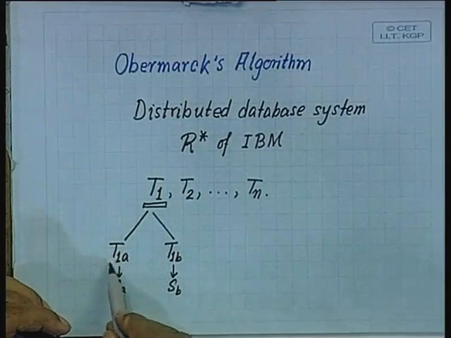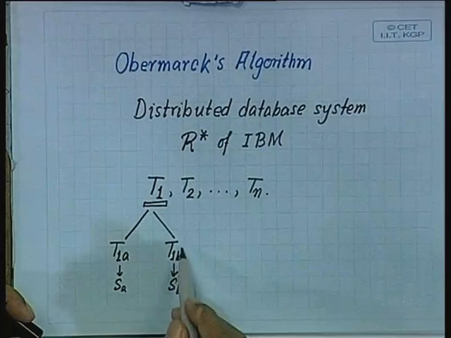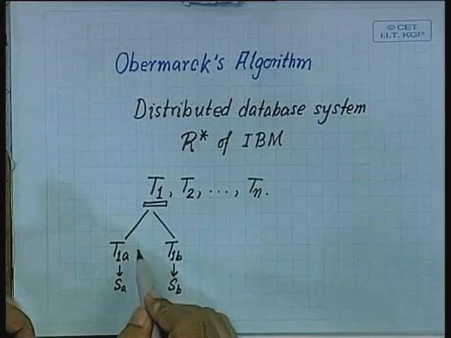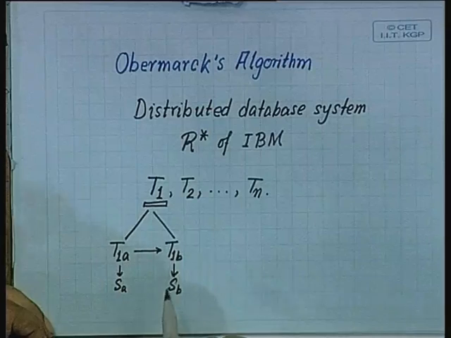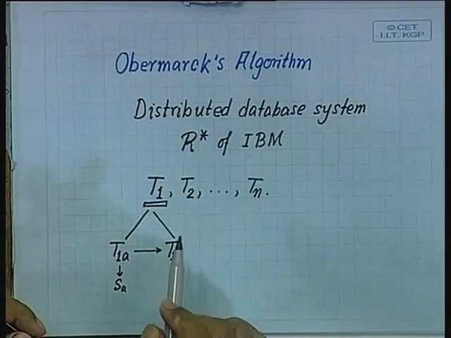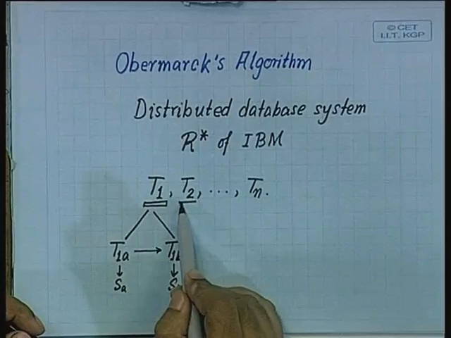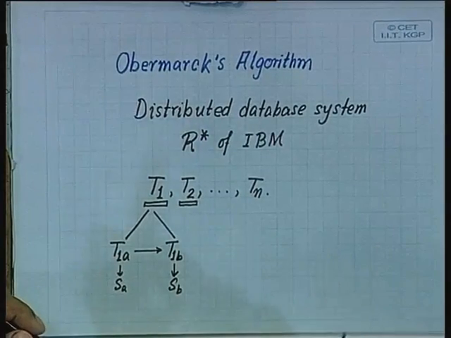So, this could be that it subtracts the amount from this account and then this one adds that amount to this account. Okay. So, there is a dependency between these two, this will execute and then this one will execute. Okay. So, each of these transactions consist of sub transactions executing in multiple sites.